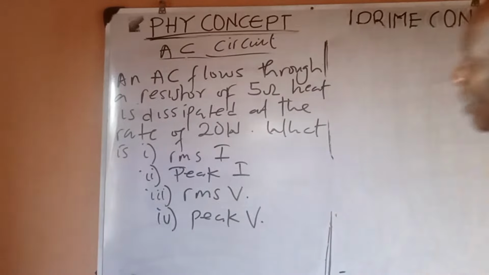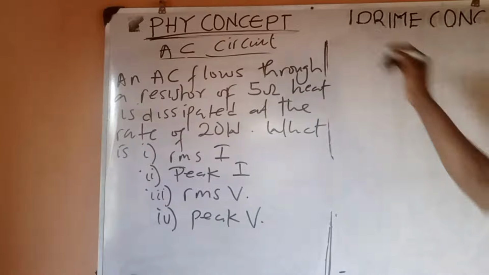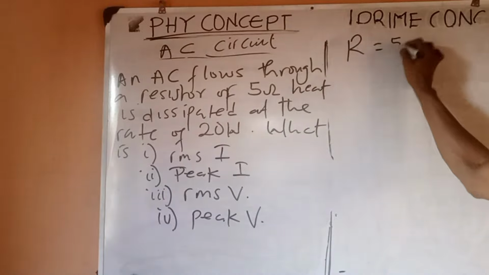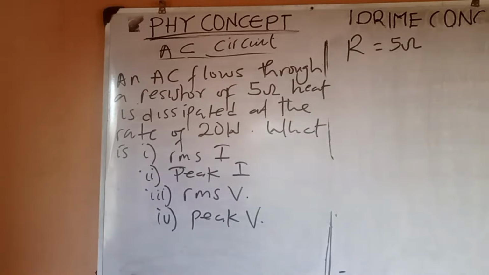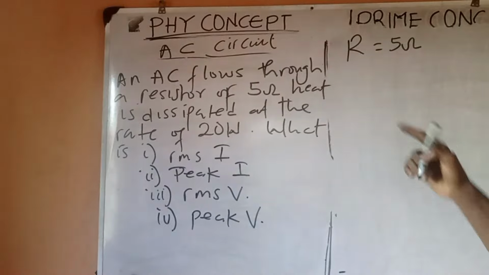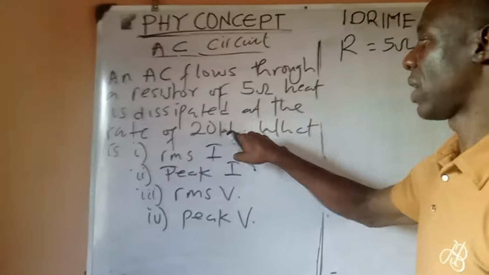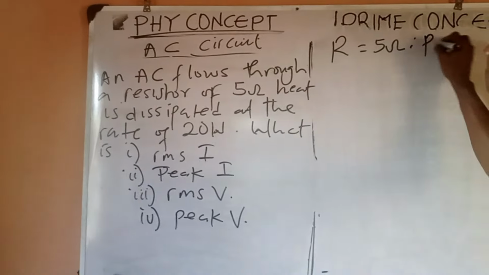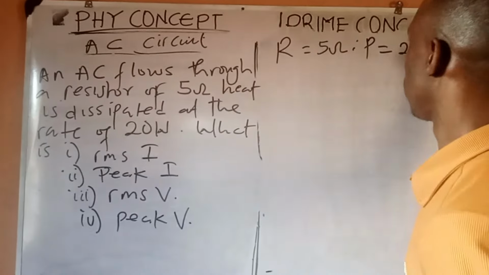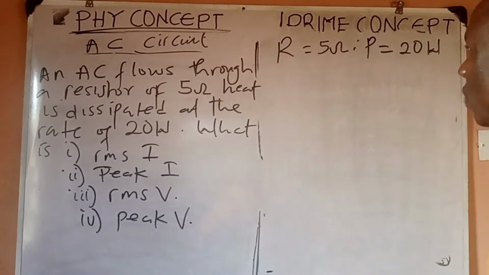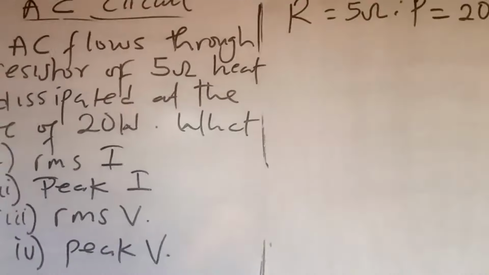Now, the question says an AC flows through a resistor, and they gave us resistance R of 5 ohms, and heat is dissipated at the rate of 20 watts. Remember, watt is the unit of power, so they gave us power of 20 watts. The question says, what is the RMS current?